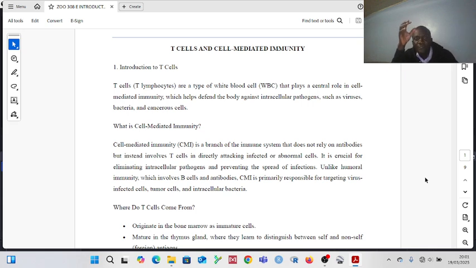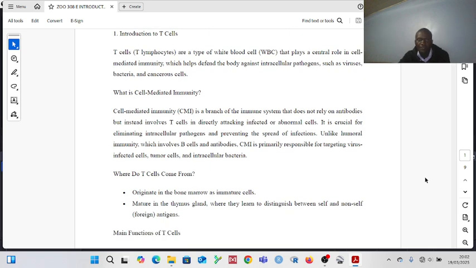Because if T cells are mobilized to attack infected cells, then if the attack is successful, the cells that are infected will be destroyed. And by doing so, the infection in the cells cannot spread. So cell-mediated immunity can then help to prevent a spread of these infections.